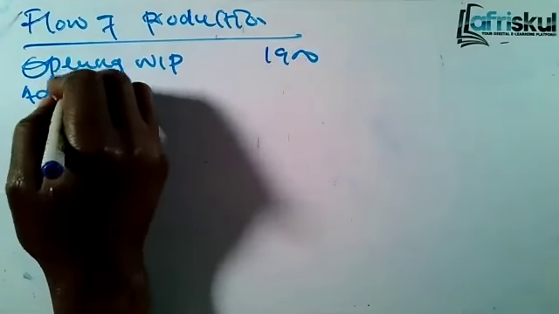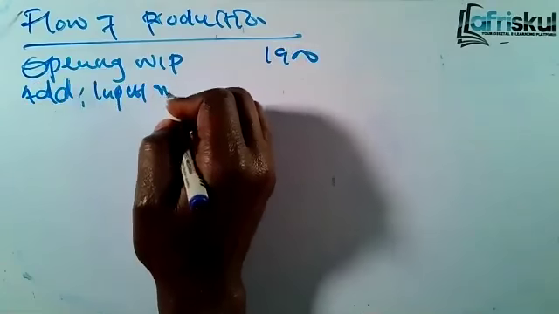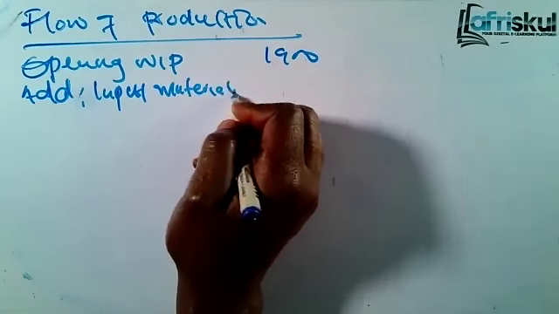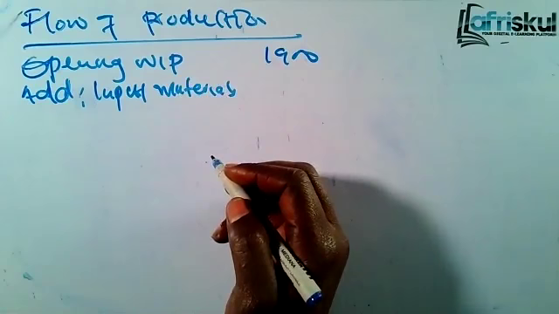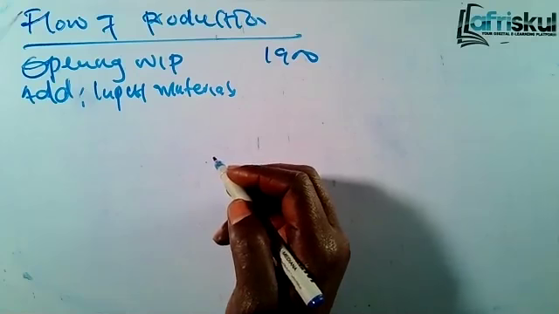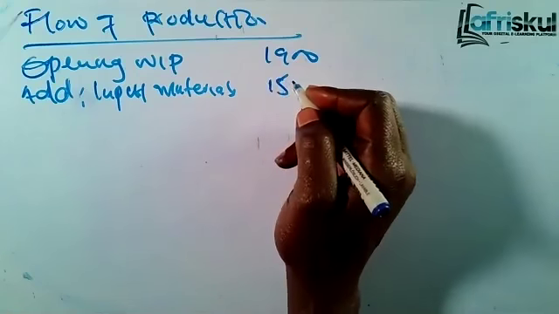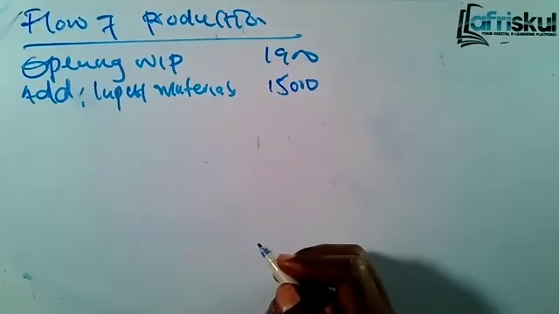Add input materials. According to our question, there were 15,000 units that were transferred from process 1, so that is the input, 15,000 units.